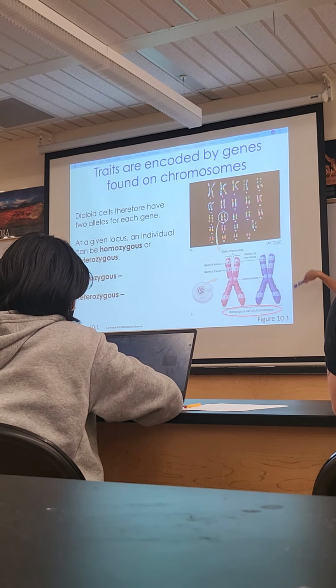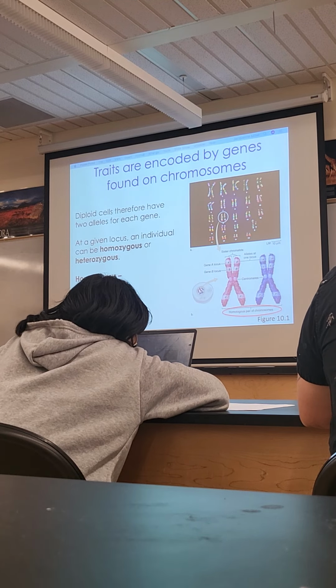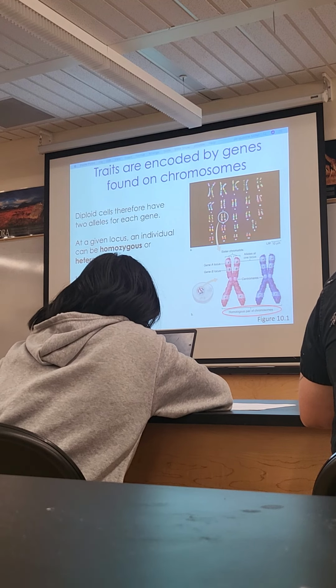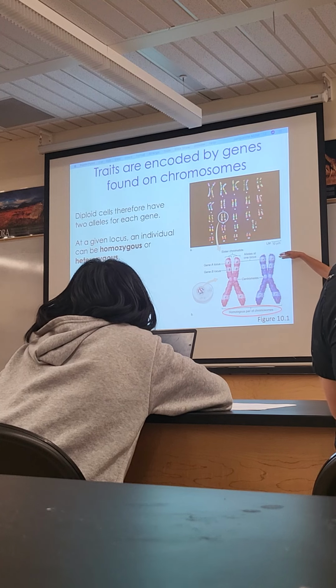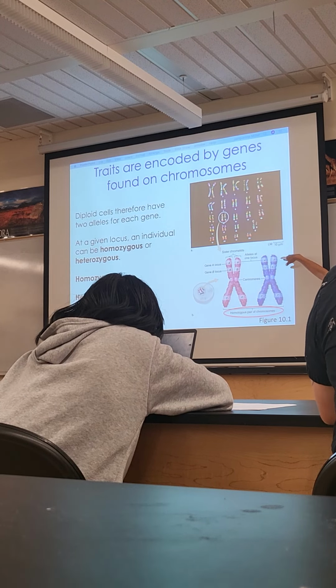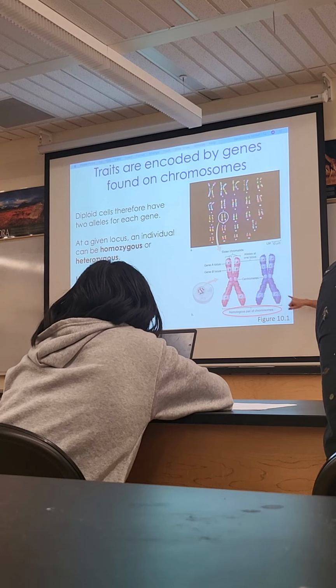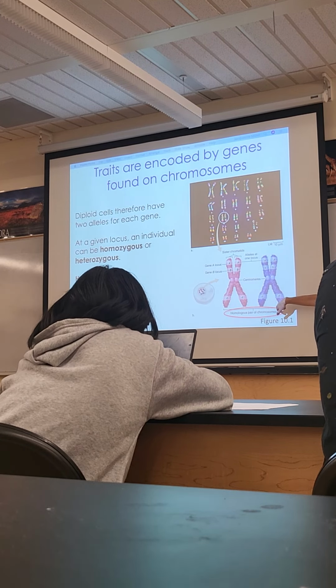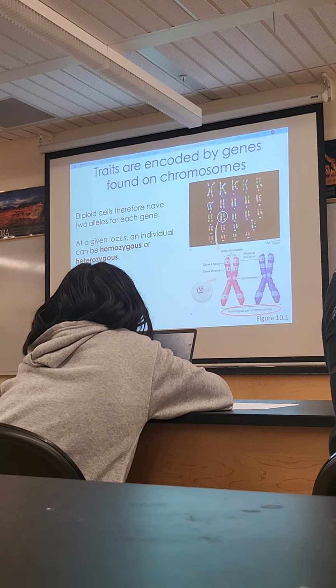So for these 3 genes, which would be homozygous dominant? A, B, or C? Or A, B, or D? Everybody agree this one is homozygous dominant? Do we have a homozygous recessive? Yeah, this one, they're both little d. And then the B locus would be heterozygous.